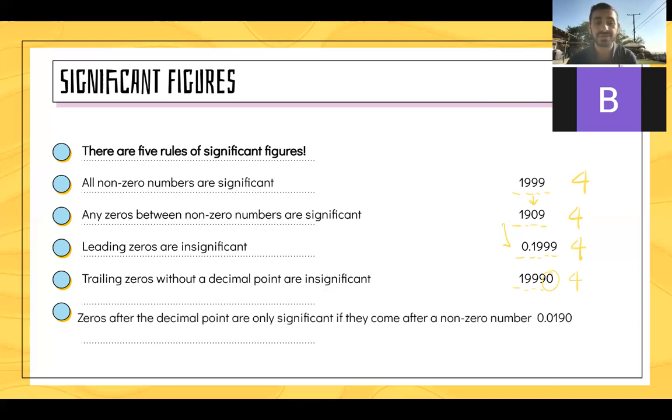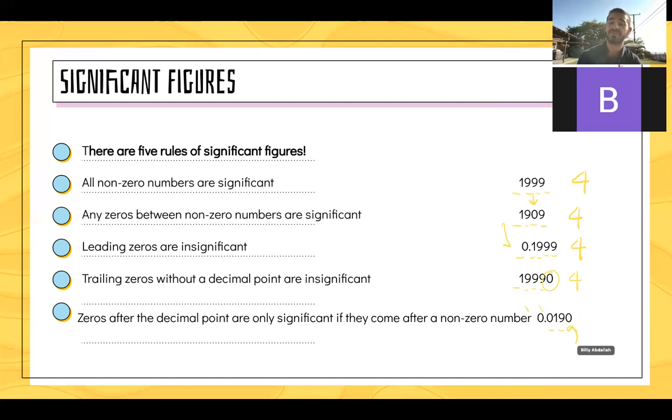And finally, zeros after the decimal point are only significant if they come after a non-zero number. So here we go. Let's look at our non-zeros first. So we have at least two. These two zeros are what are known as leading zeros, so we know they're insignificant. But we also have a zero at the end.